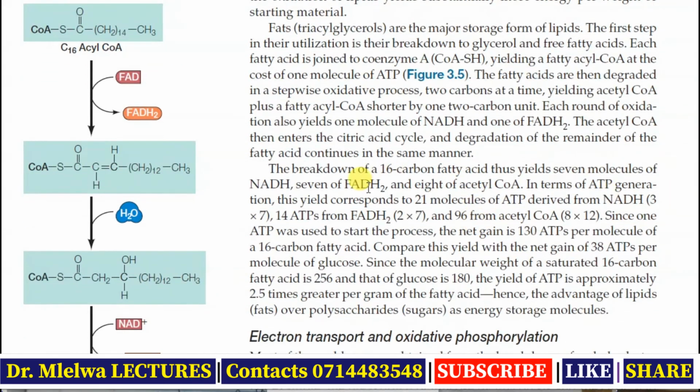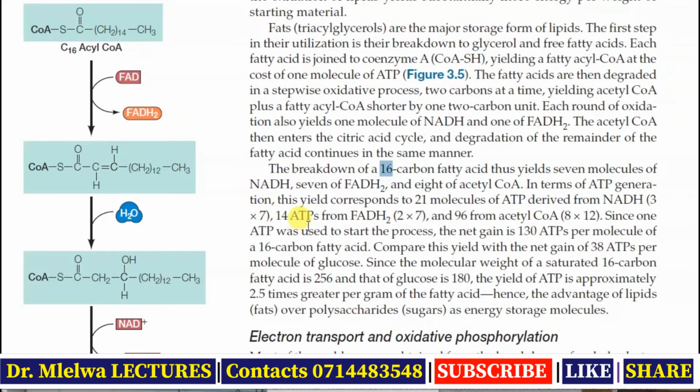In terms of ATP generation, because here it is 16 carbons, how many will we produce? 8 acetyl coenzyme A. In terms of ATP generation, this yield corresponds to 21 molecules of ATP derived from NADH, which is 3 times 7, equals 21. Each NADH gives 3 ATP, 3 times 7 is 21.